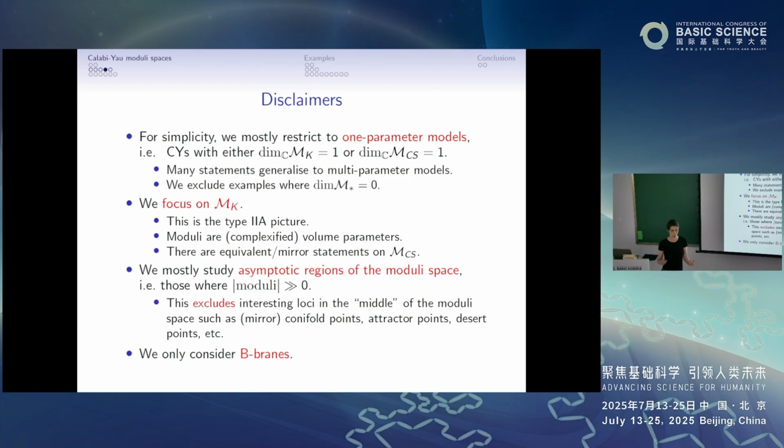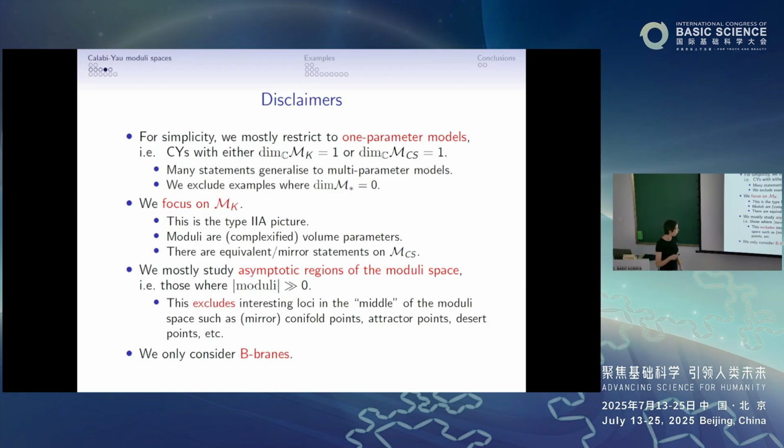Many of the statements I'm going to make can be straightforwardly but tediously generalized to higher parameter models. What I will exclude is truly non-geometric compactification where the dimension of the Kähler moduli space is 0. WAFA recently has had some interesting discussions on non-geometric backgrounds that will not be covered in this talk.